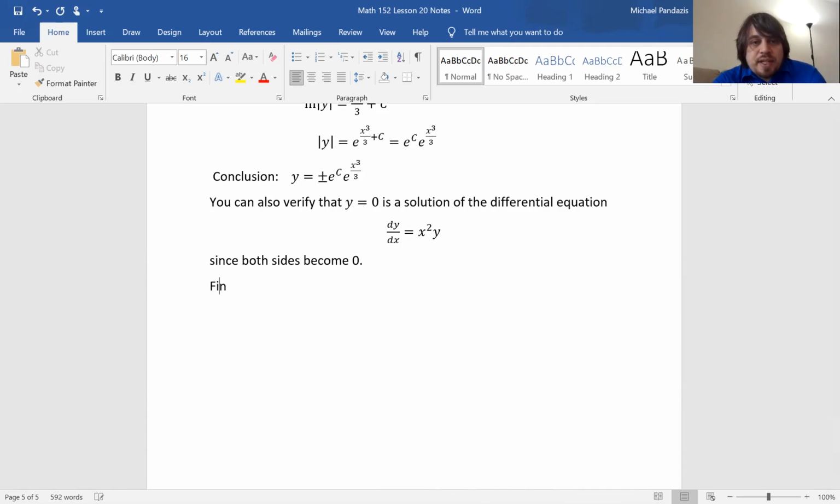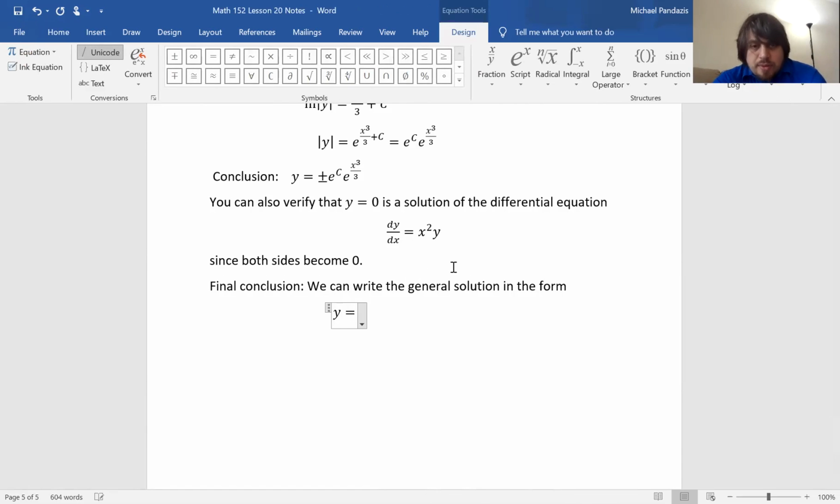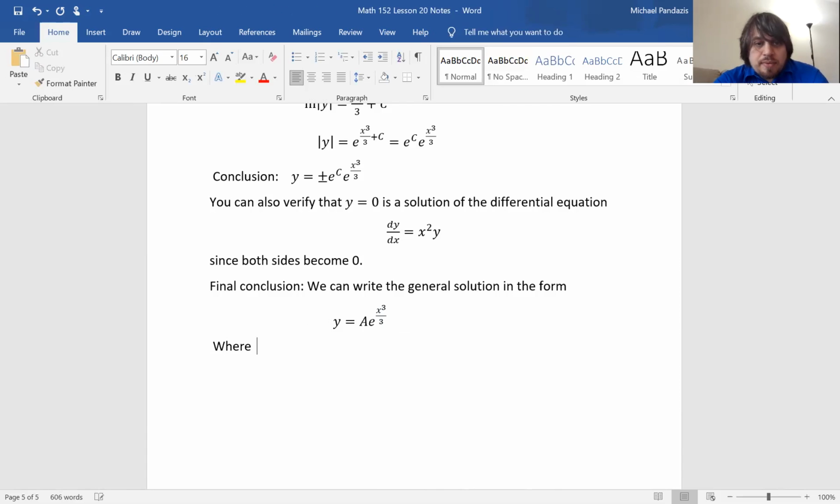All right. So I'm going to call this the final conclusion. We can write the general solution in the form y is equal to A times e to the x cubed over 3, where capital A is an arbitrary constant.